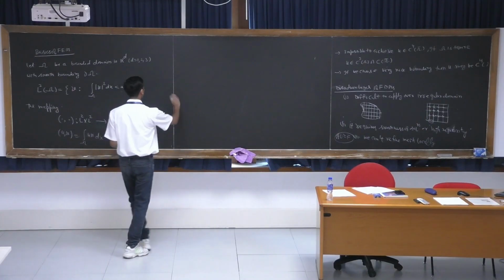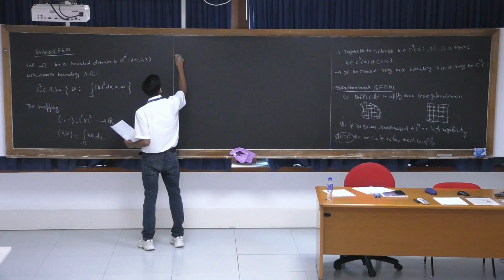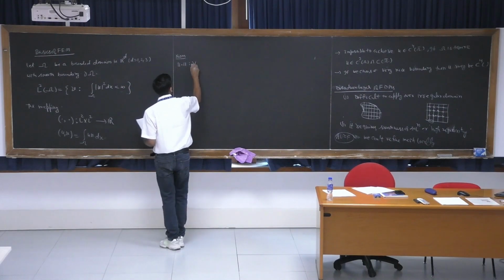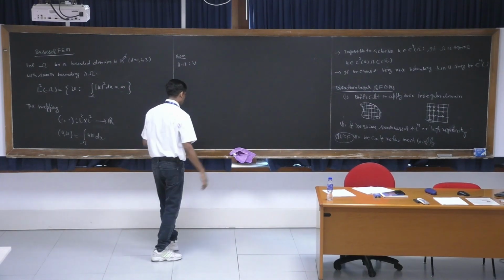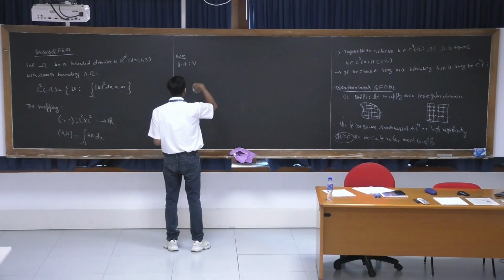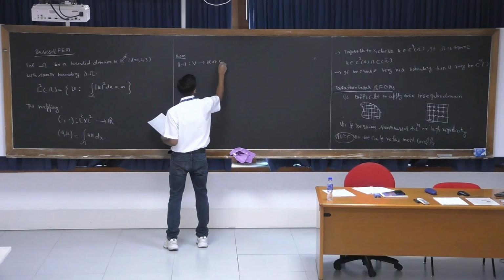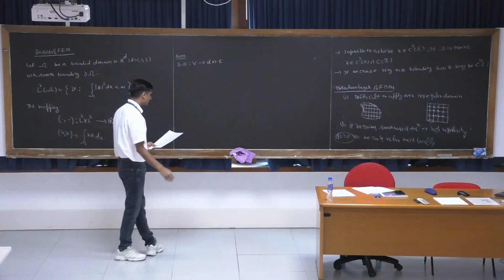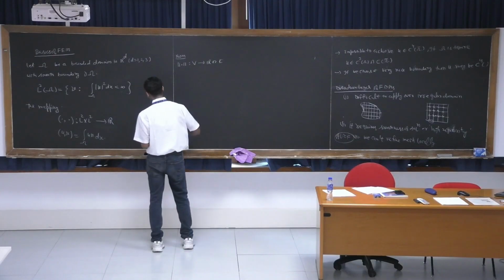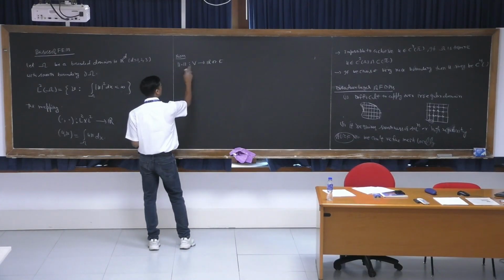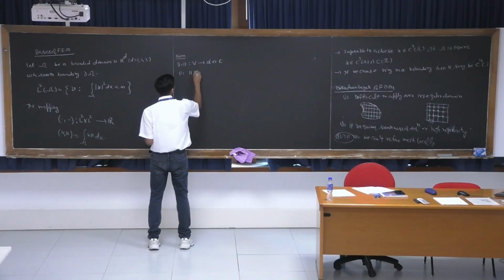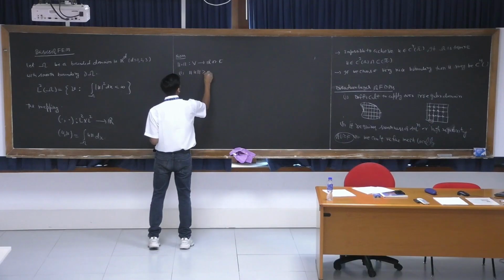Before this, I am just telling you what the norm is. If you remember, a norm is a function from some vector space to R, or sometimes C also. C is the complex numbers and R is the set of real numbers. If this function satisfies some properties, we can say this is a norm.